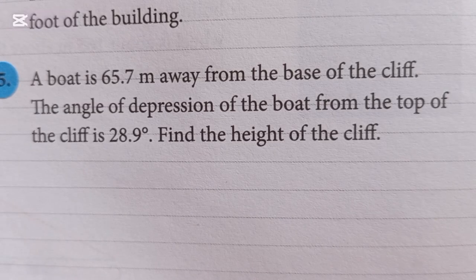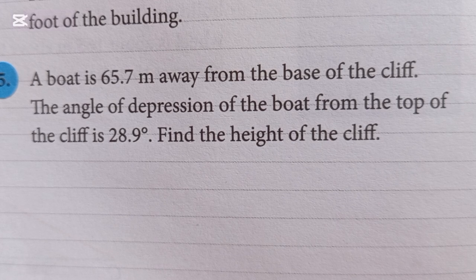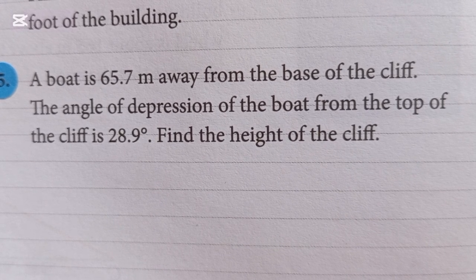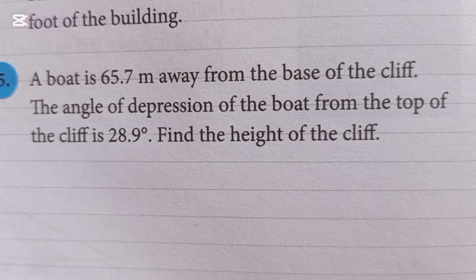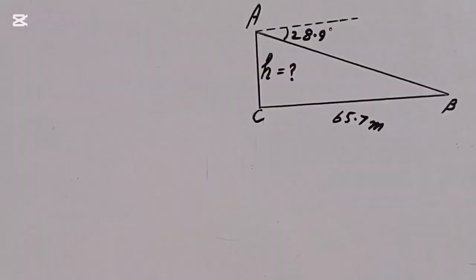If we take another question of the same nature, question number 5, a boat is 65.7 meters away from the base of the cliff. The angle of depression of the boat from the top of the cliff is 28.9 degree. Find the height of the cliff. According to the statement, we have drawn a figure.